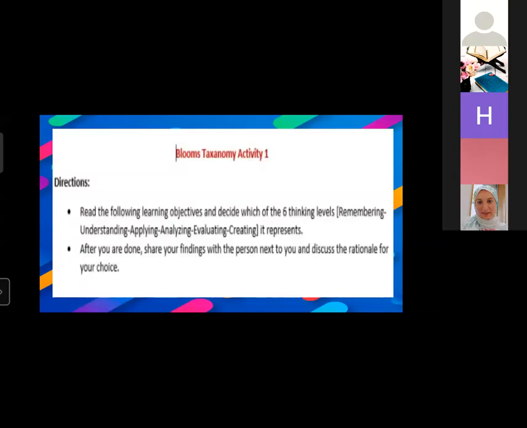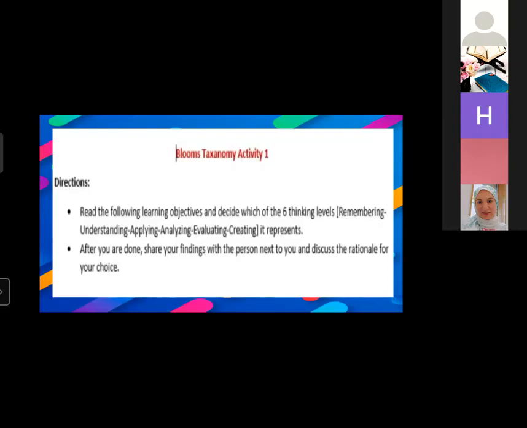Read, yeah. The first thing is read some learning objectives. And the second step is to decide which thinking level it is. Is it remembering, understanding, applying, analyzing, evaluating, or creating?